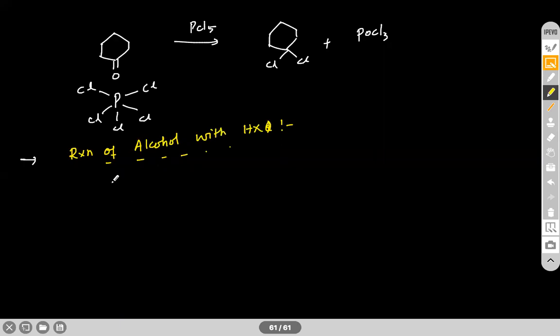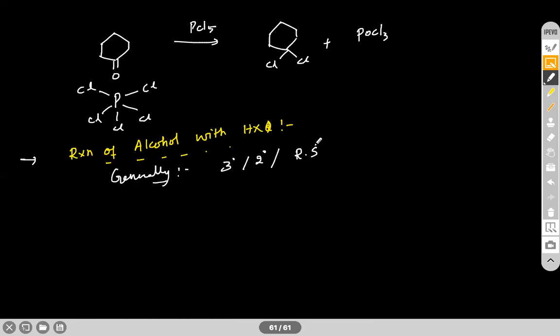So generally what happens, I'll tell you this: if the alcohol is 3 degree, 2 degree, where 2 degree means the solvent is polar protic and a weak nucleophile, or the alcohol is getting stabilized through resonance, write it down properly.